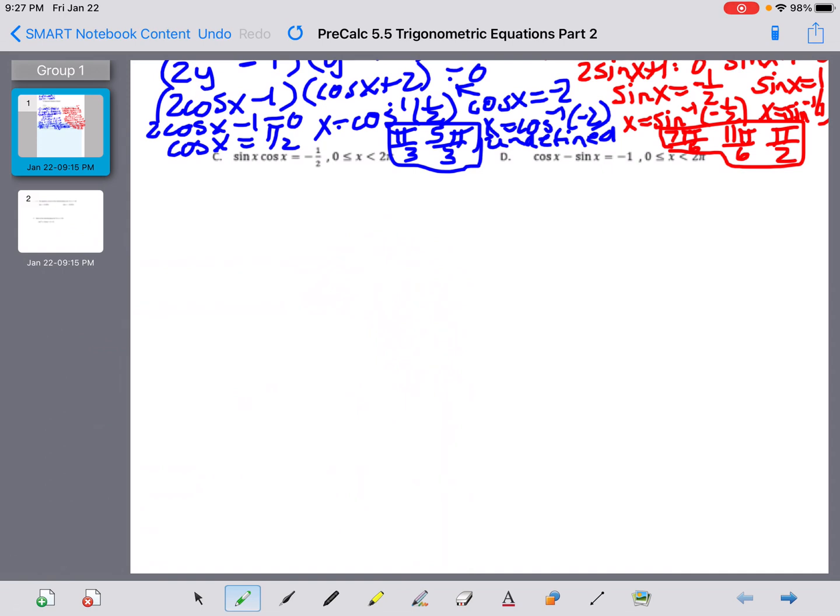On C, I have sine x cosine x equals negative 1/2. Sine x times cosine x, those two are being multiplied together. So I can think of my identity sheet and ask, what can I do with these?